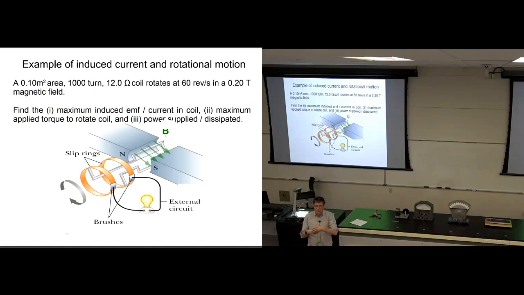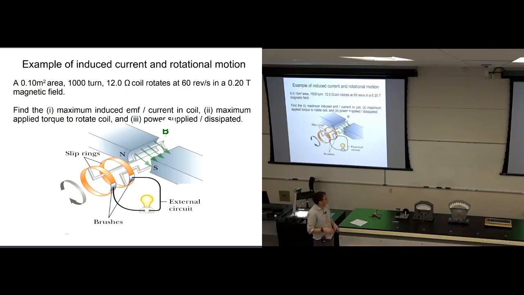Well, you do need a torque because you have to oppose a magnetic torque that's trying to slow down the rotating coil, just like we needed to apply a force because of the magnetic force that was trying to slow down the rod in the previous example. So we do need a torque, like we do need a force. We're going to figure that torque out in a similar way that we figured the force out.